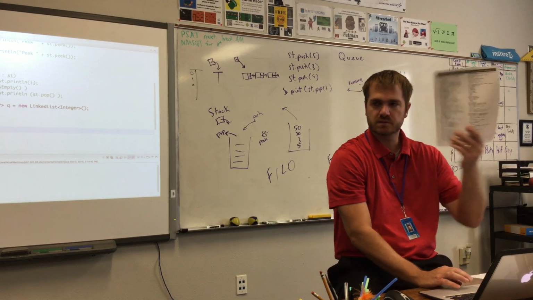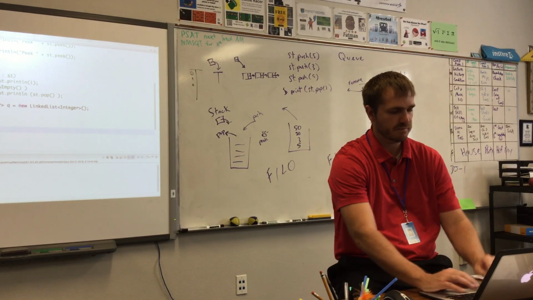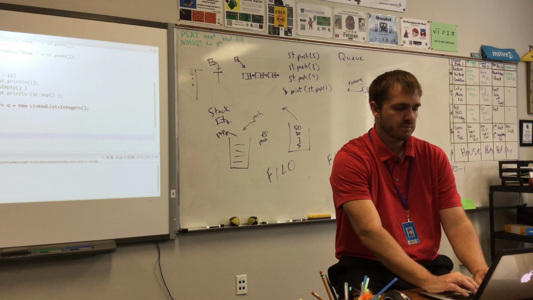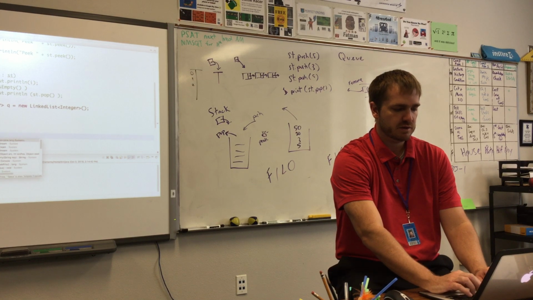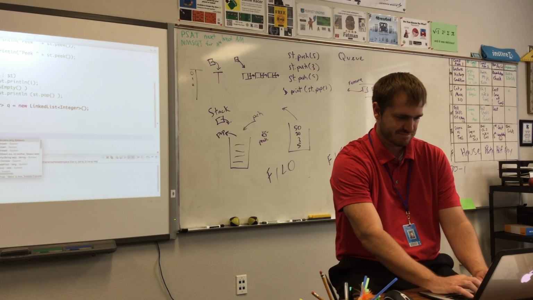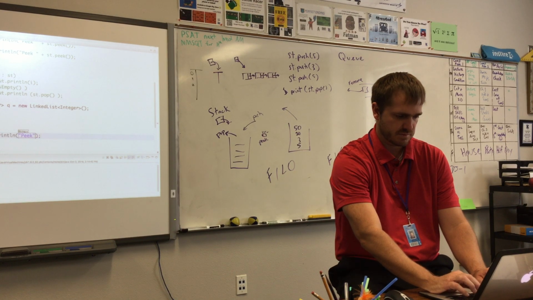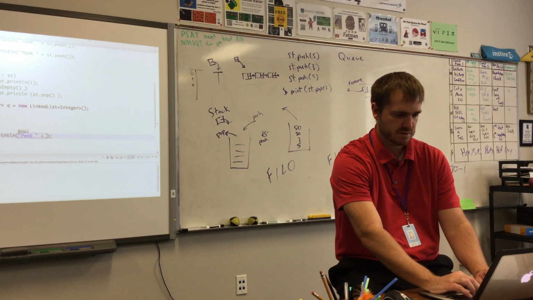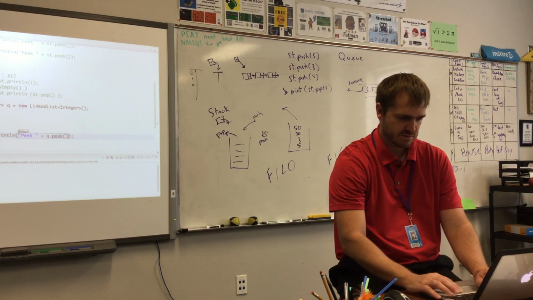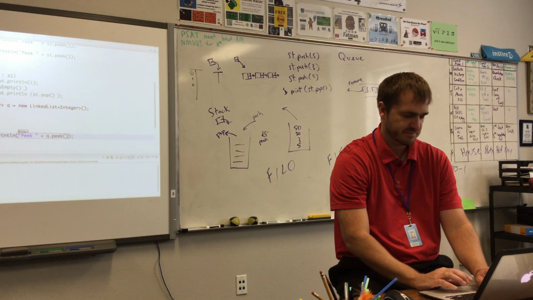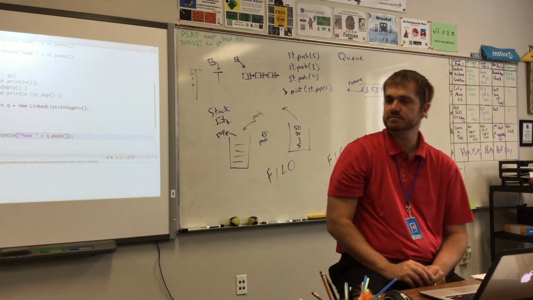They don't tell you what's available on the queue, but what do you think is going to happen if I say Q dot peek? 7 is going to show. Let's find out. Yep, it's 7.